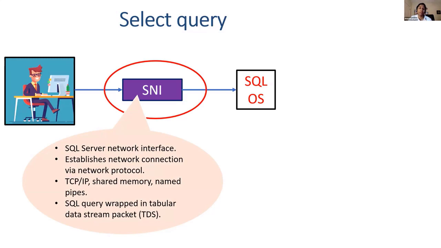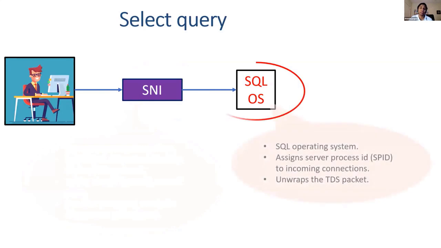So once the network connection is established, the query which the user submitted is put in a tabular data stream packet, also known as a TDS packet, and the SNI will give that to the SQL operating system. Once the TDS packet comes to the SQL operating system, the SQL operating system will identify the incoming connection as a SQL connection, and it will assign a SPID.